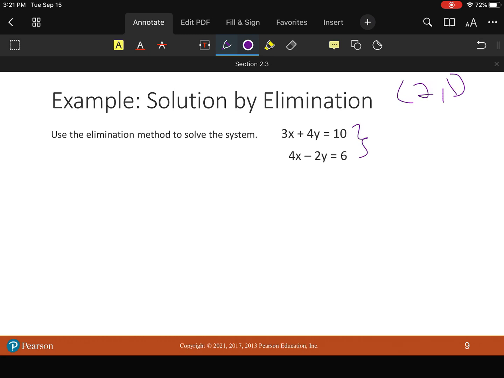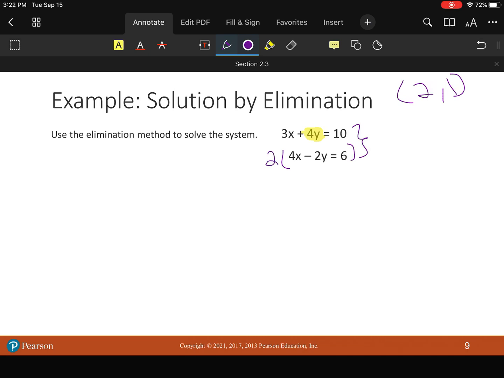So I've got 4y in the first equation. I've got a negative 2y in the second equation. I'm trying to get rid of that 4y. In order for me to get a 0, 4 minus 4 is indeed 0. So we need this bottom equation to go to negative 4y.